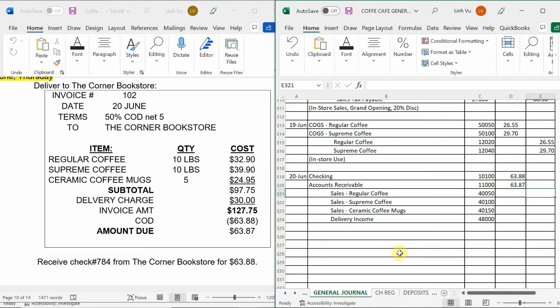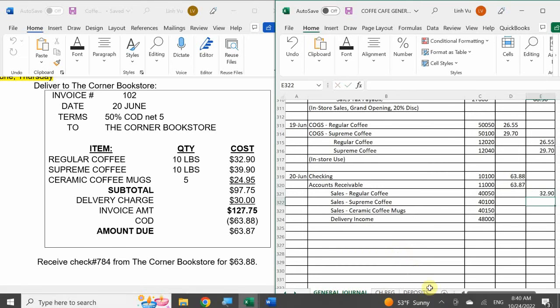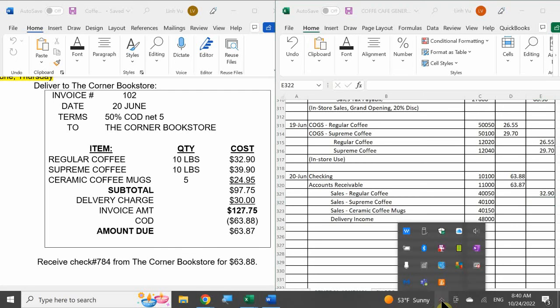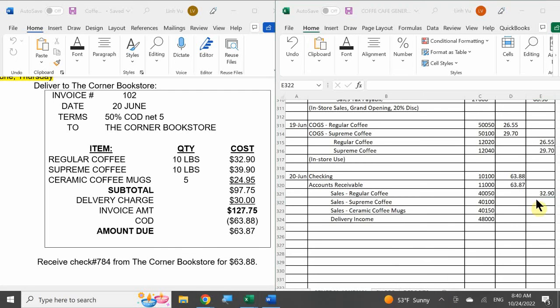How much did I sell for regular coffee? 32.90. Supreme coffee is 39.90. Ceramic coffee mugs are $24.95.